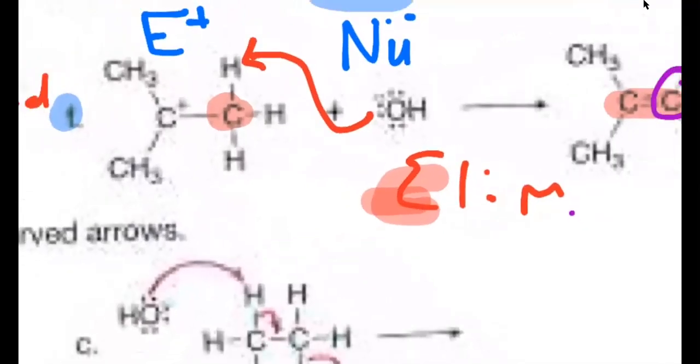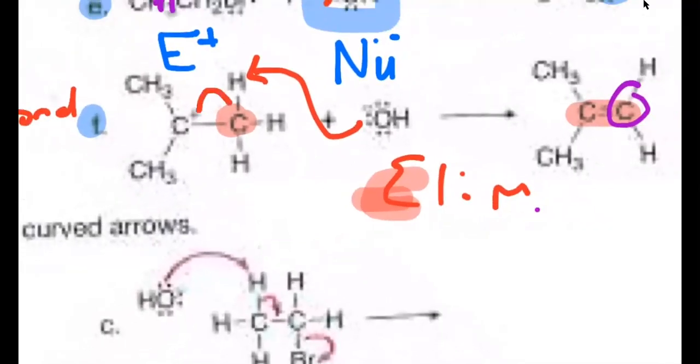The hydrogen. There's a hydrogen missing. So a hydrogen came off. So let's see if we can come up with the arrow. Here, we're going to take one of those hydrogens off, and then we're going to use the electrons in the CH bond to make my double bond.